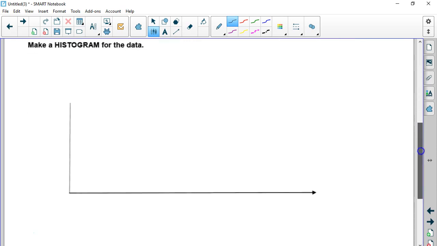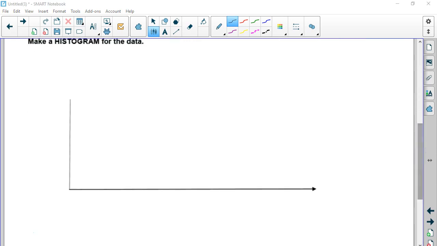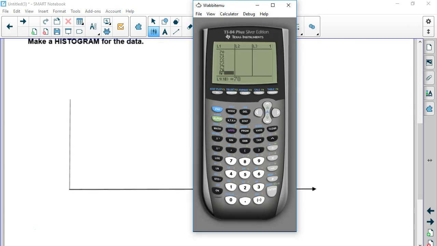All right, now we're going to do a histogram, and I can use my calculator for that. So you can look back at the instructions from yesterday. We're going to go to second y equals, and we're going to go to plot 1, and we'll turn it on first. And now we're going to go down to the histogram, which is over here.